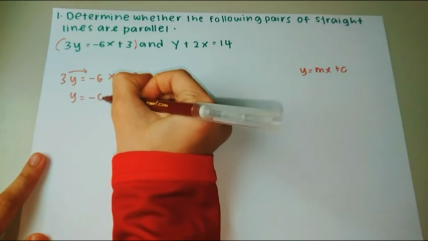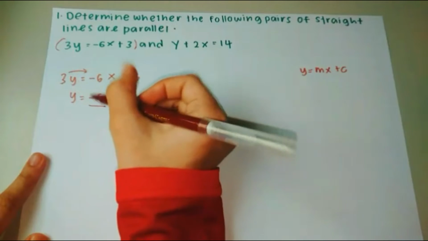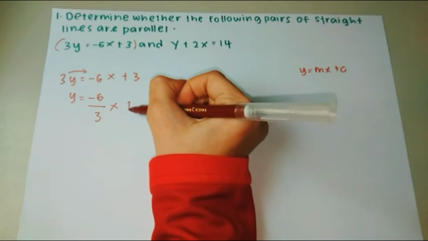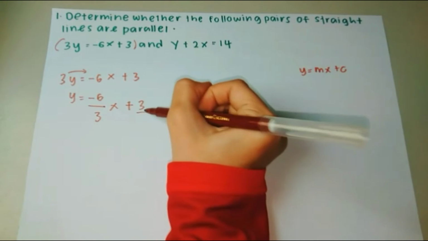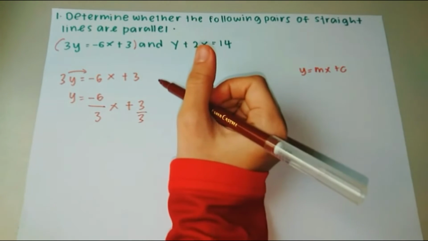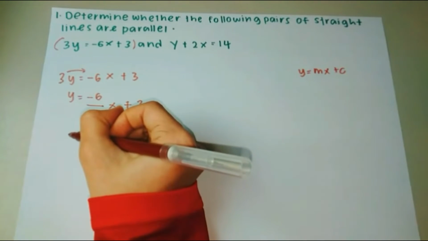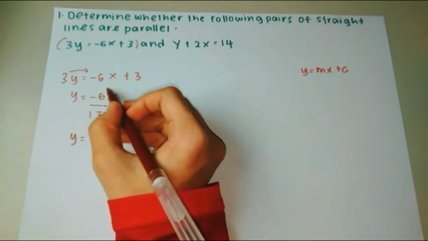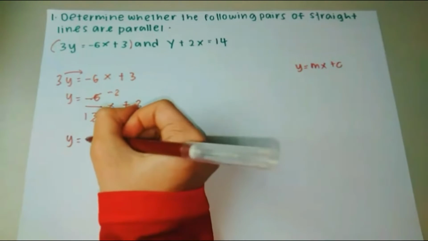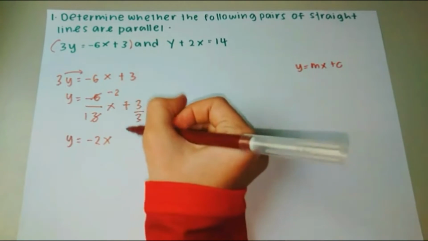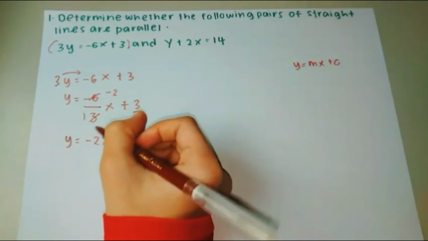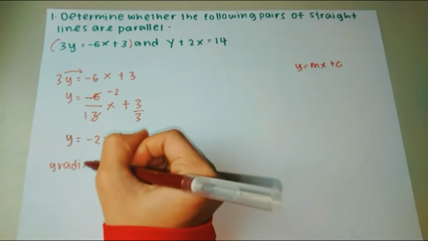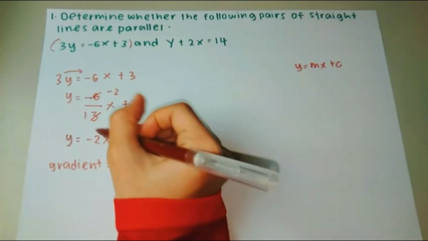So it will be y equal to negative 6 over 3 x plus 3 over 3. After we divide it, the equation will be y equal to negative 2x plus 1. So the gradient from this question is negative 2.